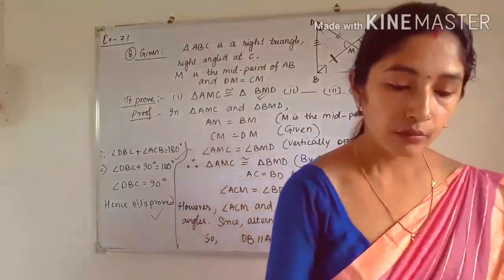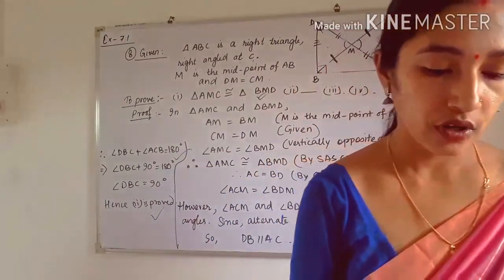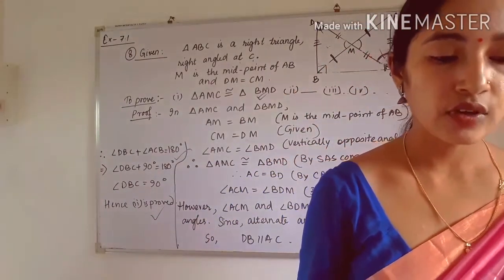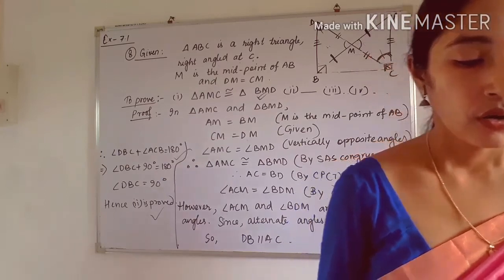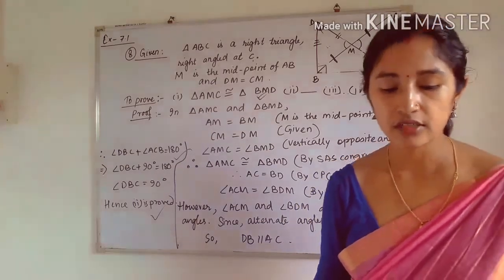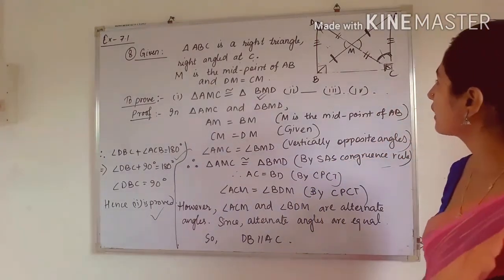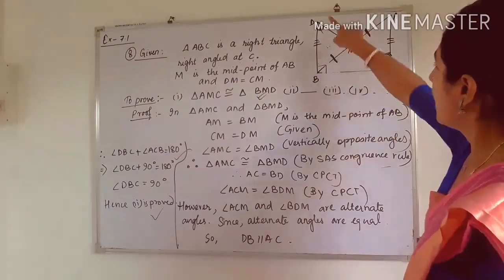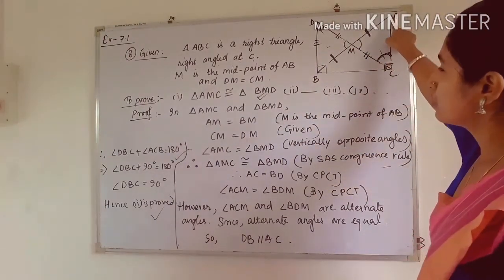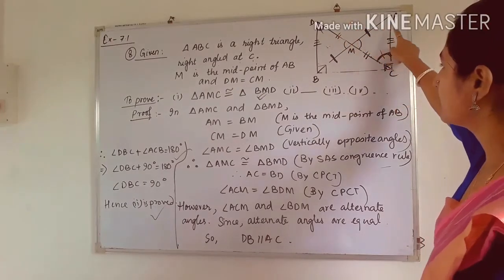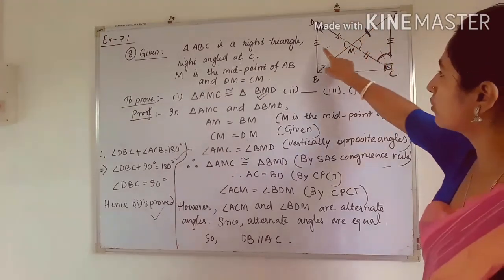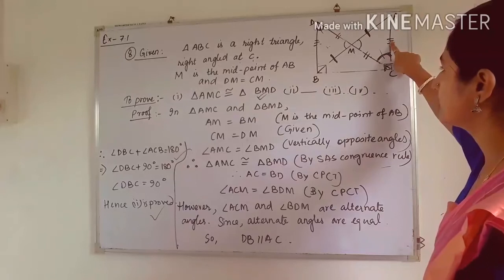Next are proof number 3 and number 4. That is very simple, so please try to do it. In proof number 3 you have to take triangle DBC and triangle ABC. Many things are equal. The first thing, this side will be equal to this side.